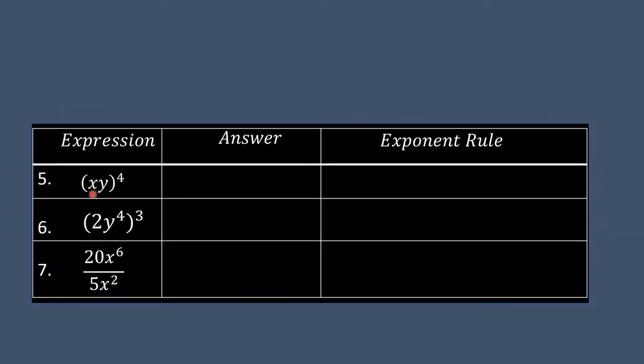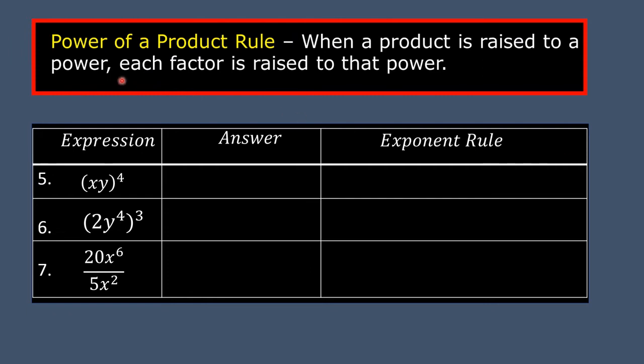Number 5, open parenthesis x y close parenthesis raised to the exponent of 4. According to the power of a product rule, when a product is raised to a power, each factor is raised to that power. So we are going to raise x to the power of 4, and then we are going to raise y also to the power of 4.